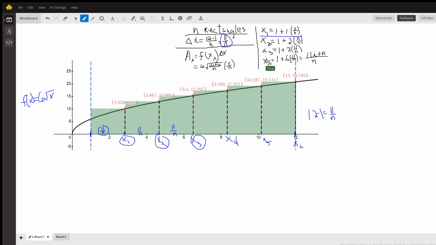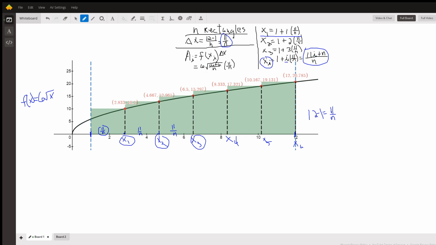And a formula for the ith right-hand endpoint is 1 plus i of these widths, 11 over n. And if we multiply 11 times i, 11i over n, and then get a common denominator, we could say that that's the expression right there.